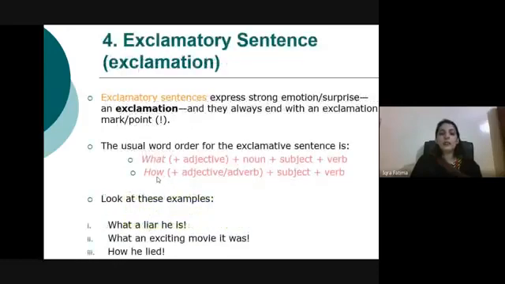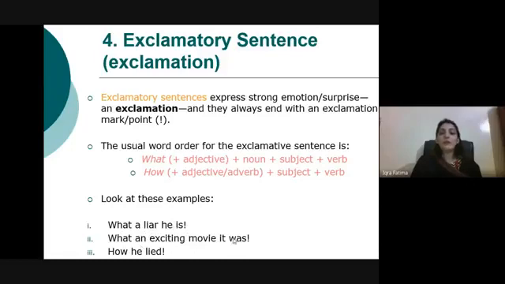Or otherwise, we have how plus adjective or adverb, subject, and verb. Now you can look at this: What a liar he is. What, noun, subject, and verb. What an exciting, what a liar he is. What, adjective, subject, and verb.